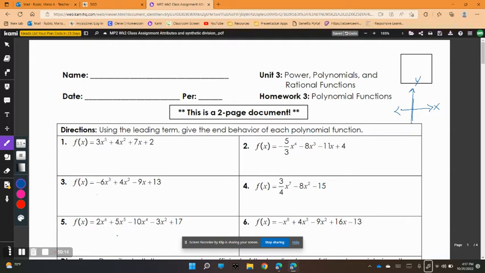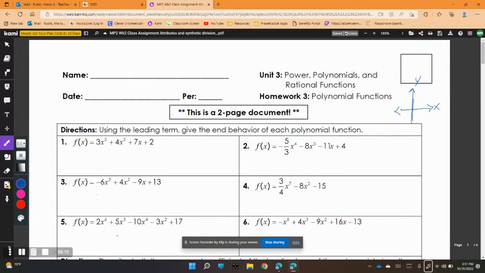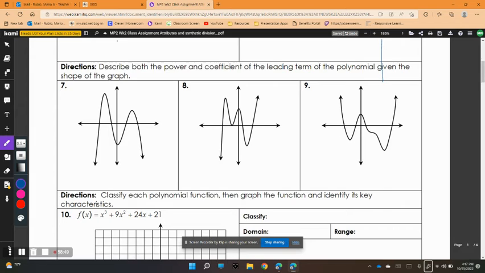When I say left, I mean what's going on to the left of 0, towards the negative infinity side. And the right side is what's going on to the right of 0, towards the infinity side.